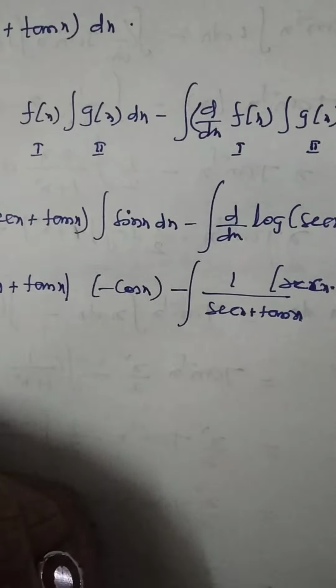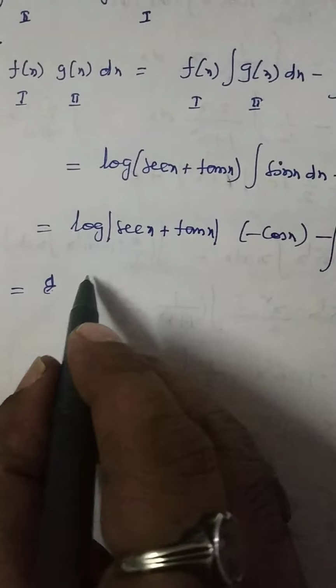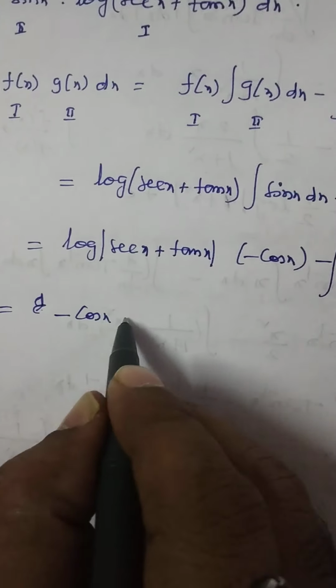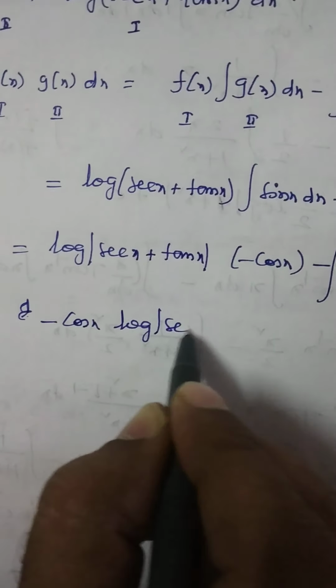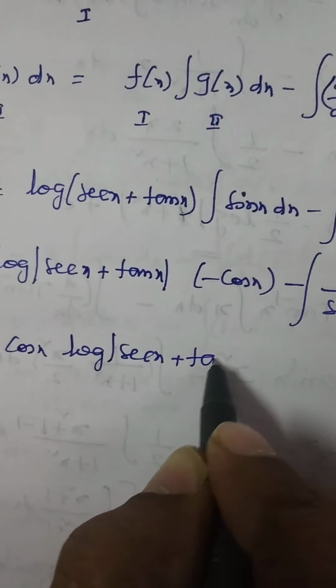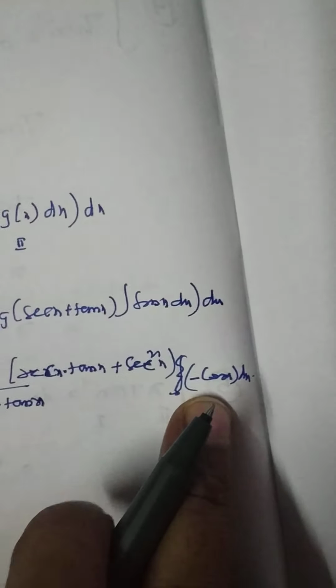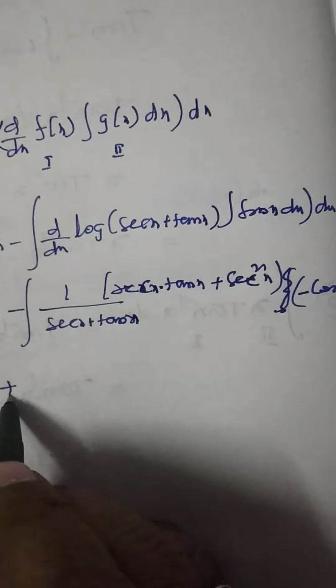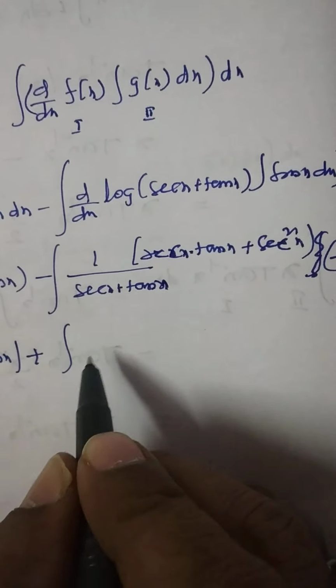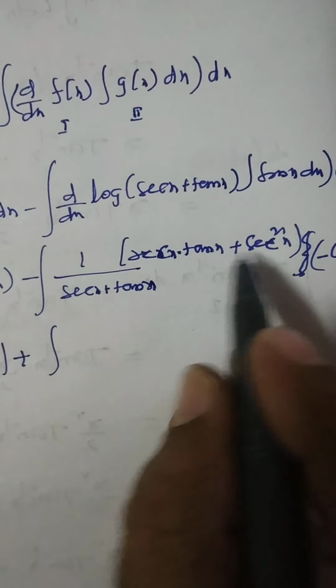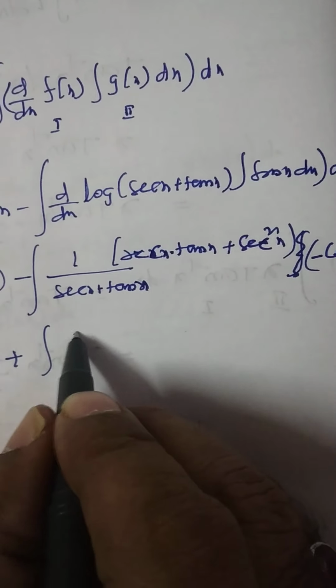So I am writing this as minus cos x into log of secant x plus tan x. Now here we have minus, here also we have minus, minus of minus becomes plus. So integration of, now in both terms of the numerator I am taking secant x common.